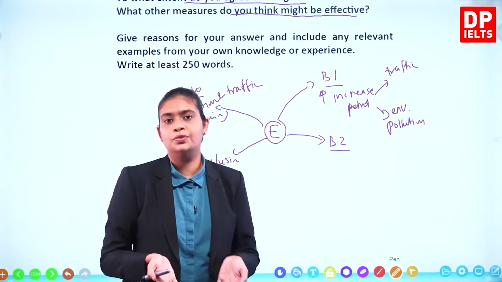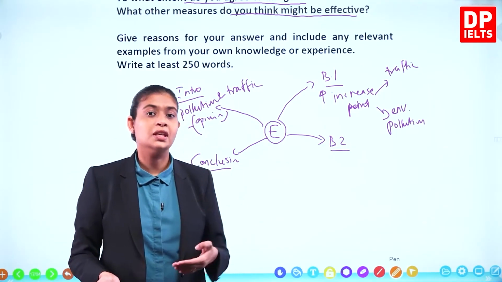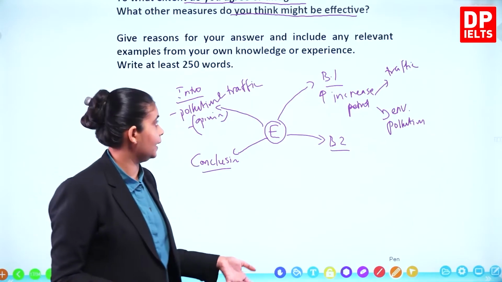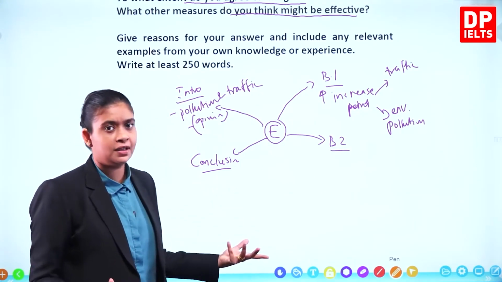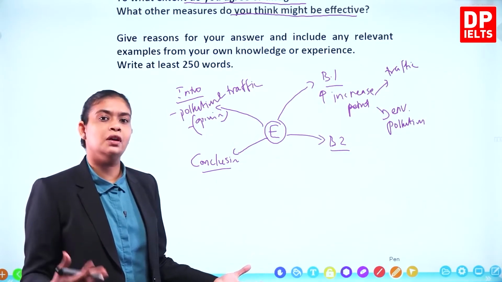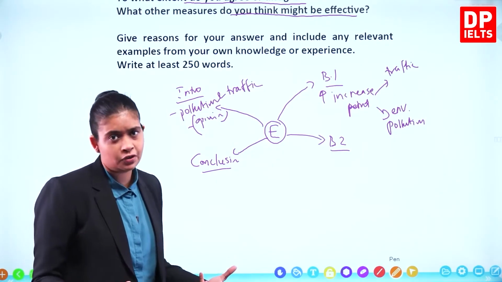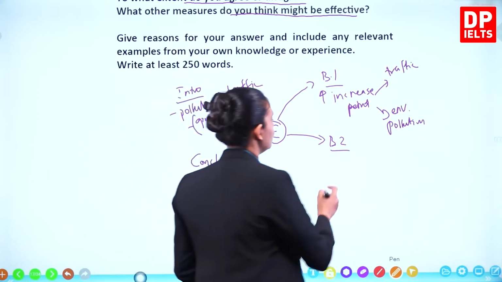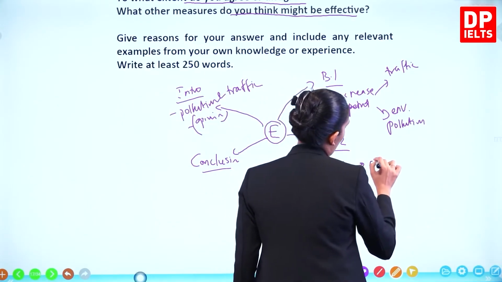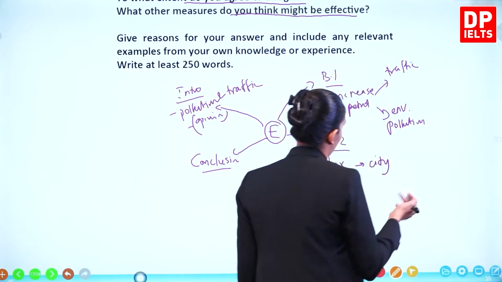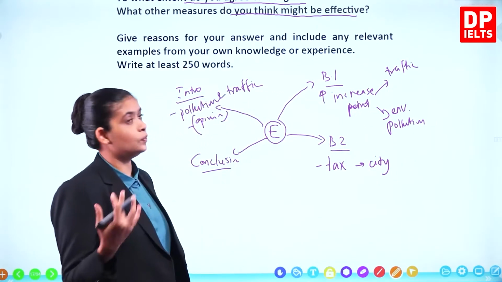They would rather use the public transport because it's much cheaper, okay? So one way, what other measures do you think might be effective? Not just put the burden, by increasing the petrol prices, but you could also have a tax introduced when you enter the city, okay? So that's one way.